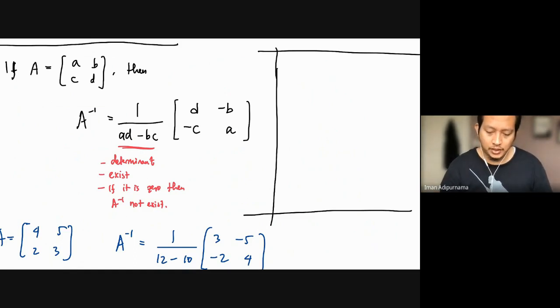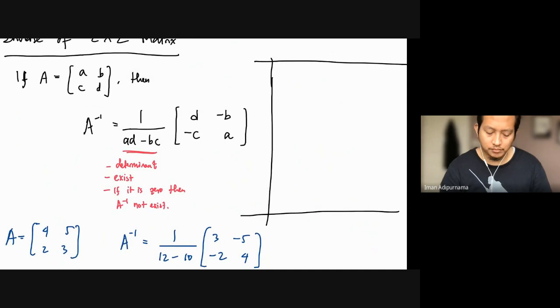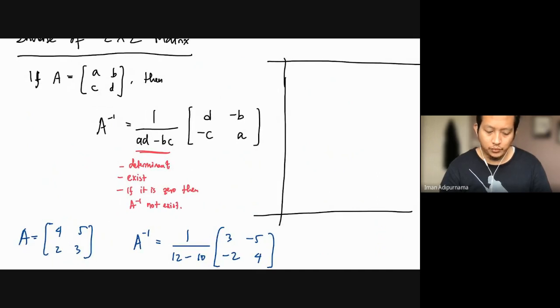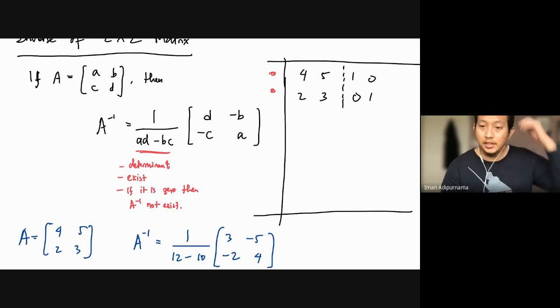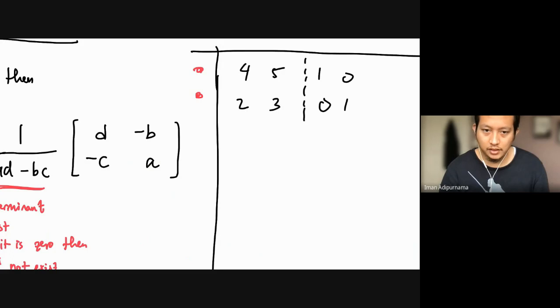So if you remember, if we take this A matrix here and want to make it become the identity, we can take some Gaussian elimination operations.